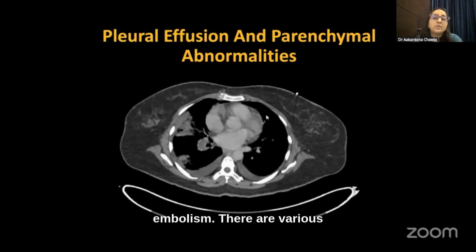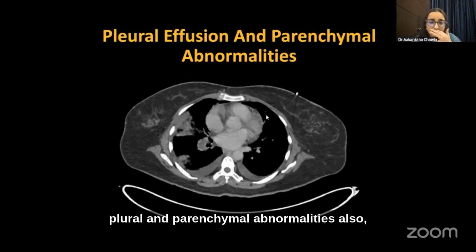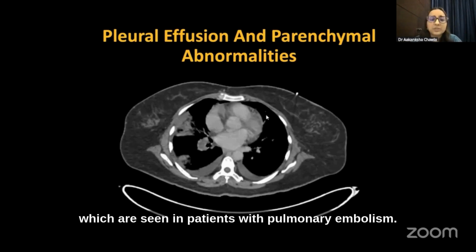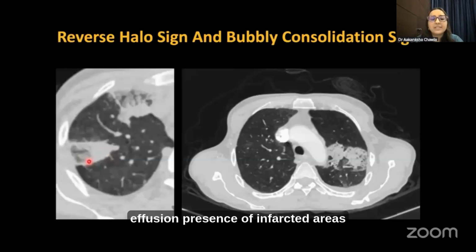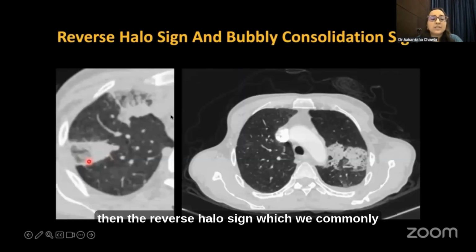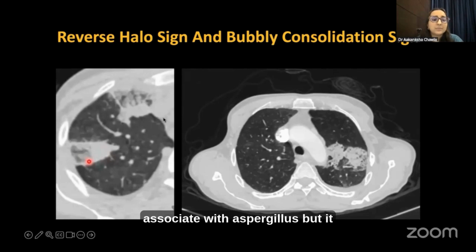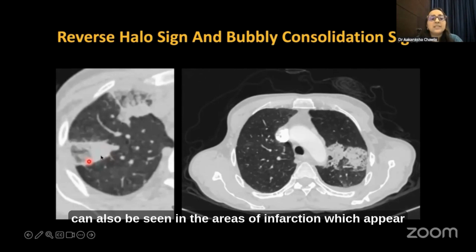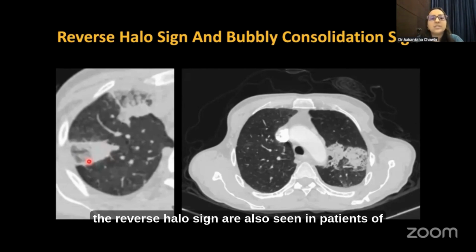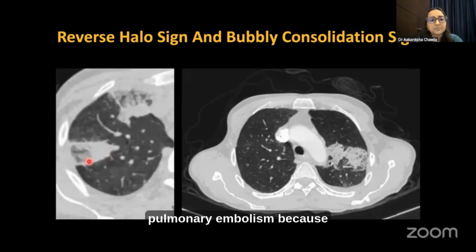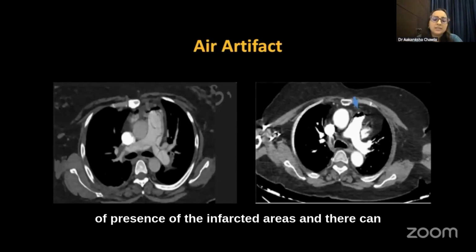There are various pleural and parenchymal abnormalities also which are seen in patients with pulmonary embolism, like the presence of pleural effusion, presence of infarcted areas, then the reverse halo sign, which we commonly associate with aspergillus, but it can also be seen in the areas of infarction, which appear sometimes like consolidation with air bubbles in between. So the bubbly consolidation sign and the reverse halo sign are also seen in patients of pulmonary embolism because of presence of the infarcted areas.